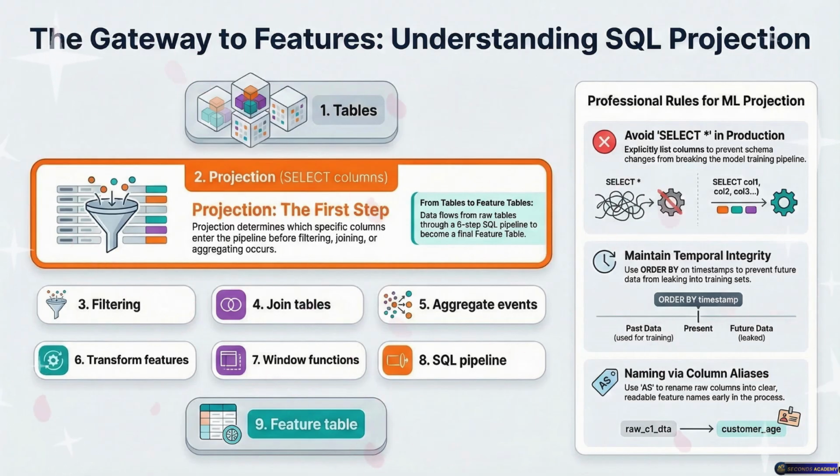How do you connect data when an order happens today, but the user's profile information, like their location or their subscription tier, changes tomorrow? Right, because the database just overwrites the old data. Exactly. If you just blindly join everything based on the ID, you might accidentally attach tomorrow's profile data to yesterday's behavior. You end up allowing the model to peek into the future, basically predicting a past event using future information.